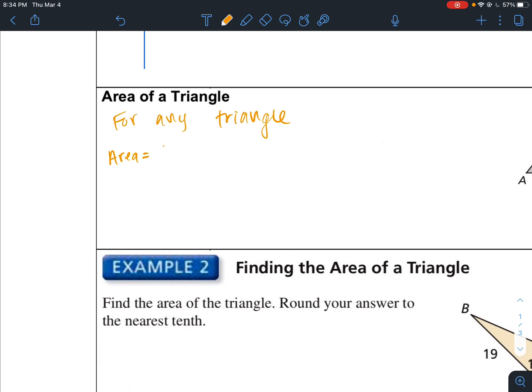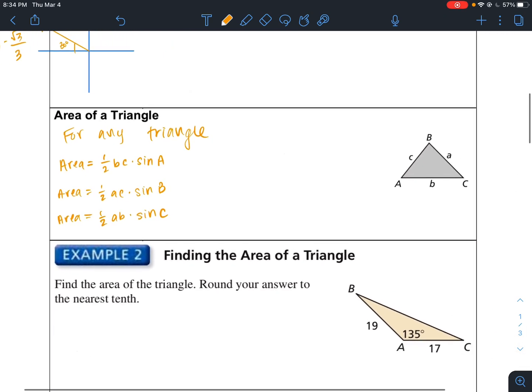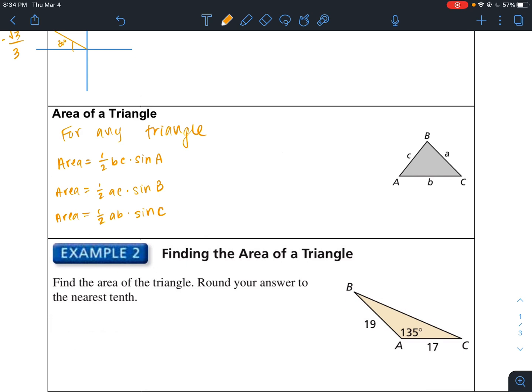Area is equal to 1/2 of BC times sine of A. Or area is equal to 1/2 of AC times sine of angle B. Or area is equal to 1/2 of AB times sine of C. So what we should take away from this is that we're taking the product of two sides.